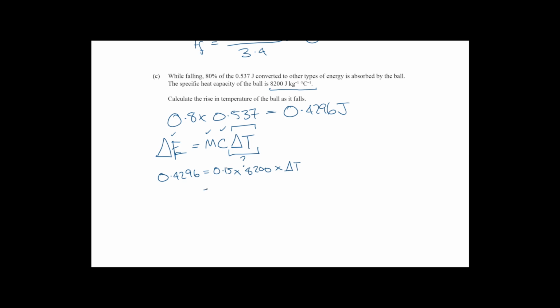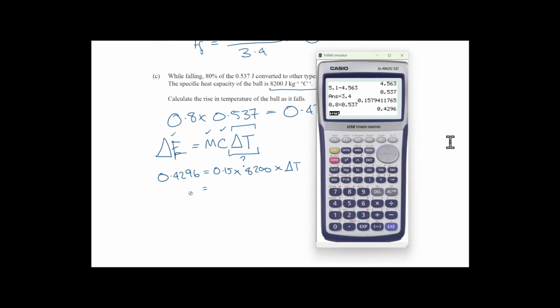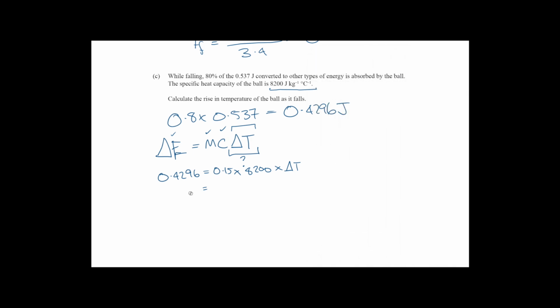Let's do the algebra. Oh, that was dramatic. So 0.15 times 8,200 is 1,230 times the change in temperature.